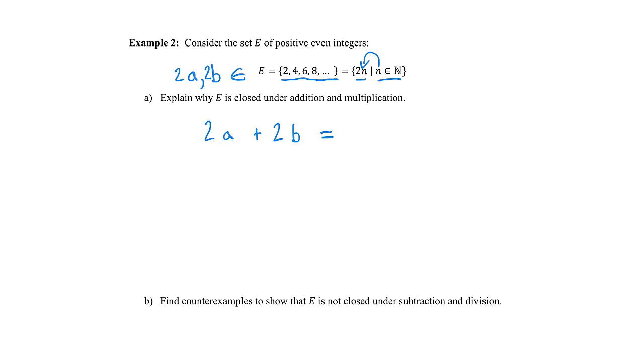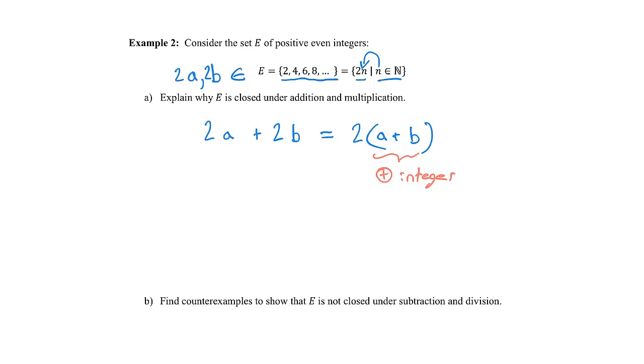Now, if you factor out the 2, here's the trick, you get 2 times (a plus b). Now we can be convinced that this result that we just came up with here is something within our set. How can we be convinced of that? Well, this right here, a plus b, is a positive integer, or a natural number.